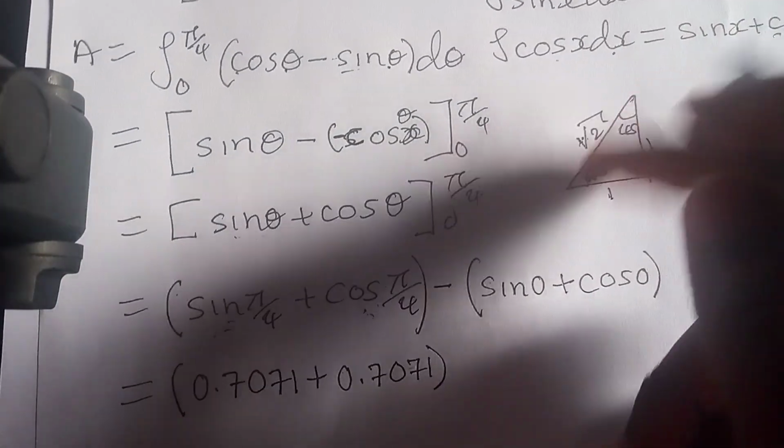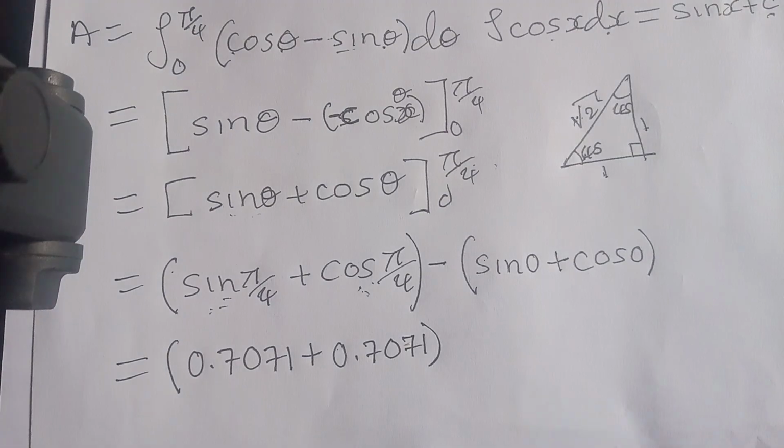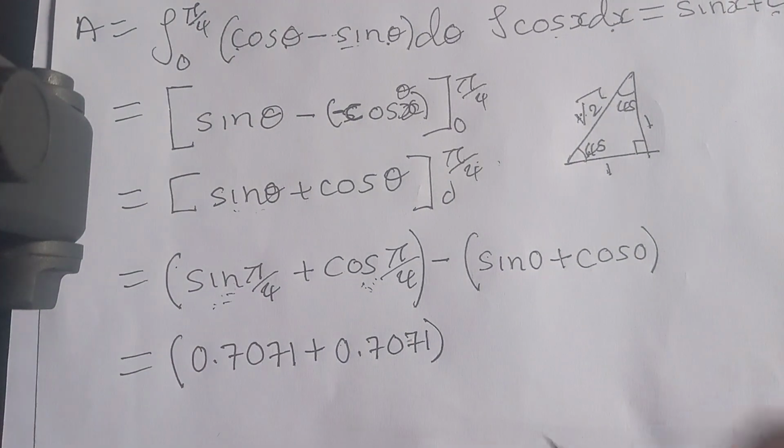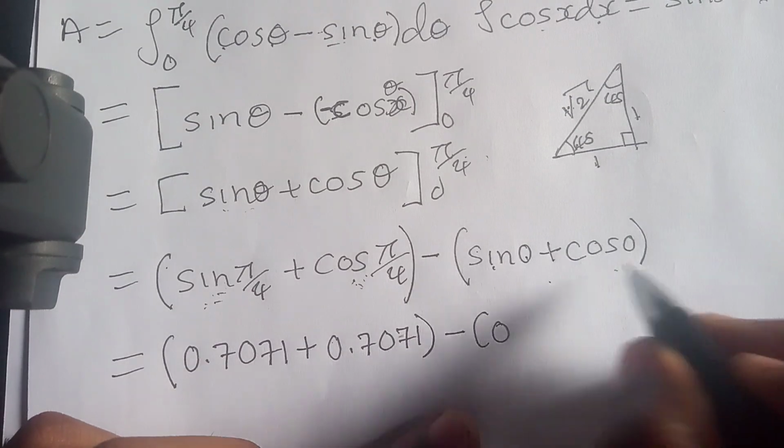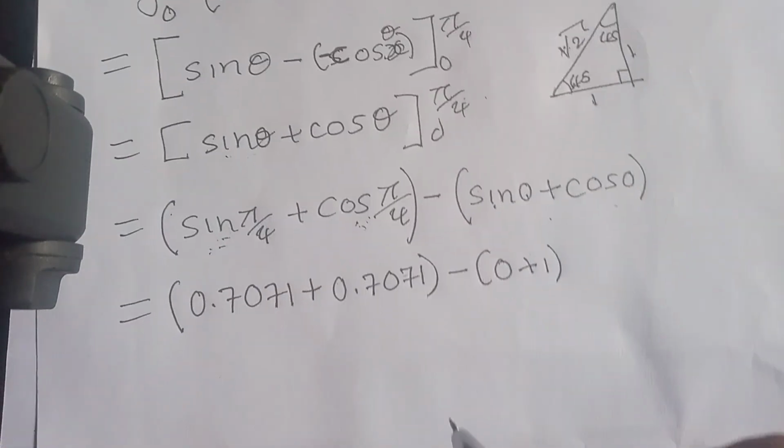So at this angle, the two ratios are the same, sine and cosine. And then sine 0 is 0, cos 0 is 1.